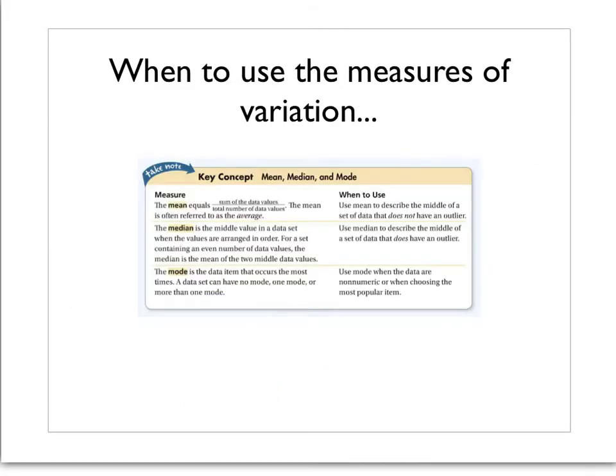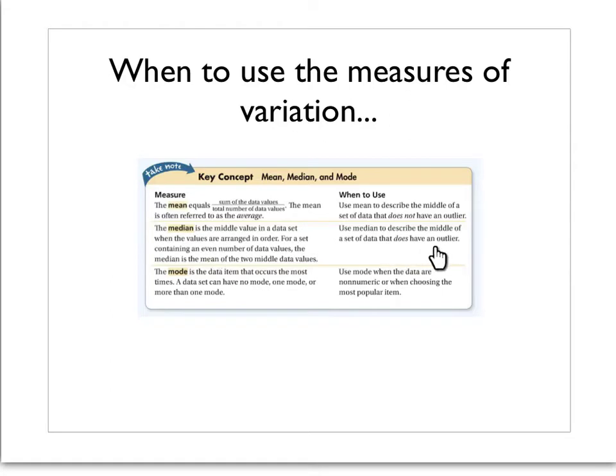Okay, quick review and overview of when to use the different measures of variation, which is not something that we can often be tested on an SOL-style test, but we'll just go over this real quick. So remember, the mean is the average. The mean is best when there's no outliers. Outliers are way far away from the rest of the numbers in a data set. The median is that middle value when they're in numerical order.